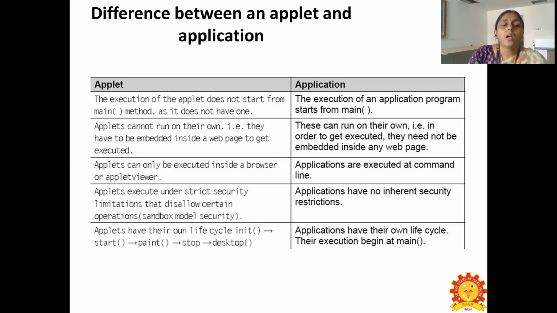The next difference is that applets execute under strict security limitations which disallow certain operations. But application programming has no inherent security restrictions. In applets, we can have authentication inside the web page, so that security can be imposed.